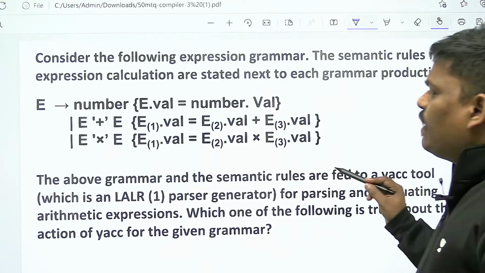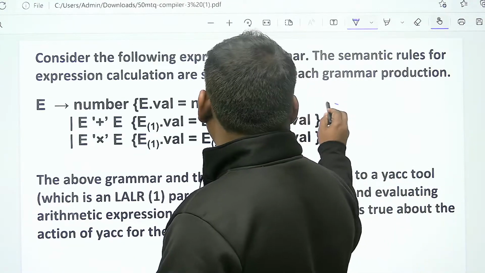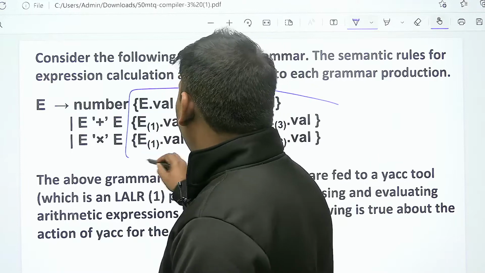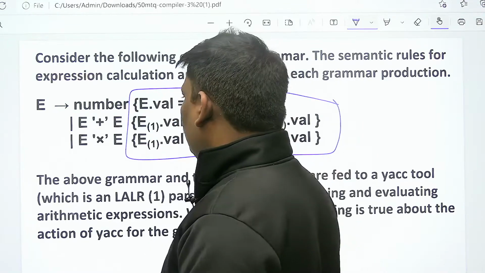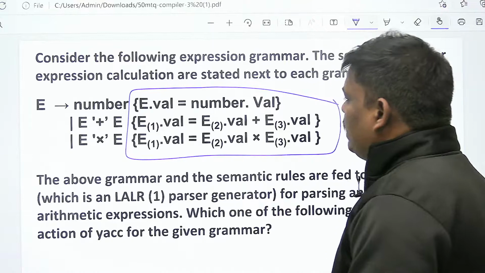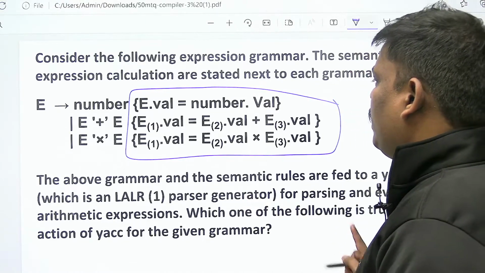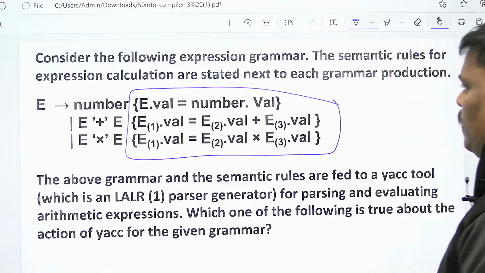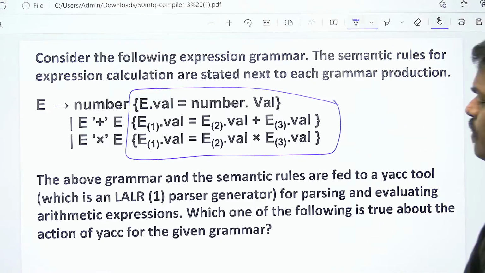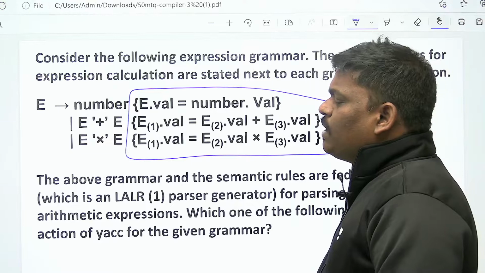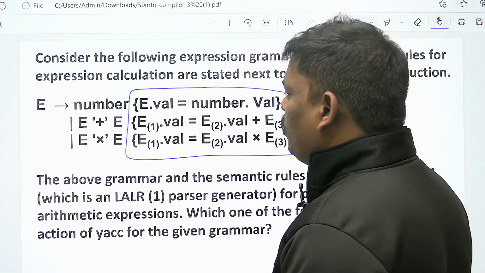Given a grammar, forget about the semantic actions. SDT means grammar plus semantic actions. So forget about those semantic actions; the given grammar is an ambiguous grammar.